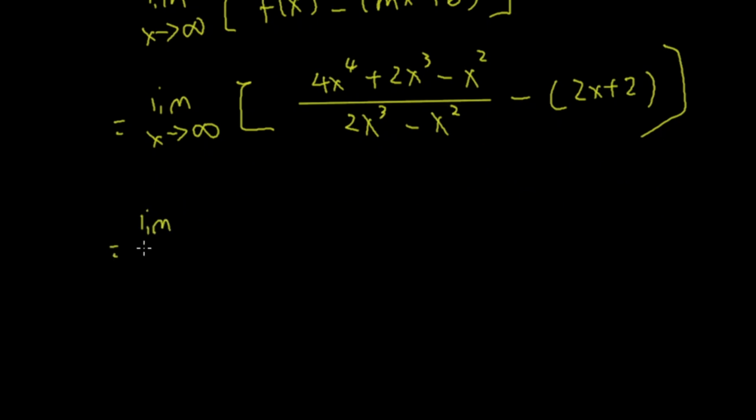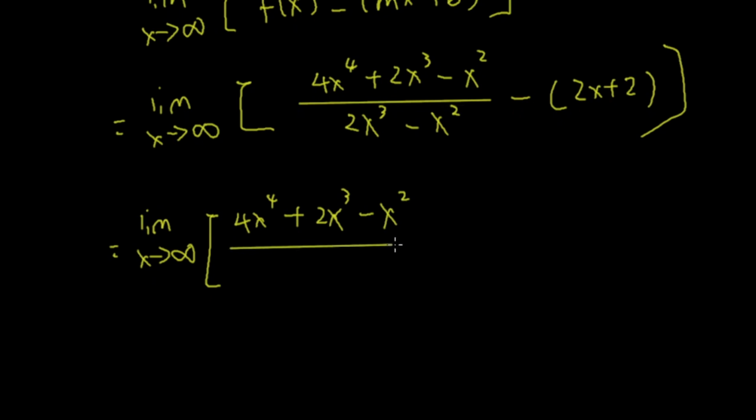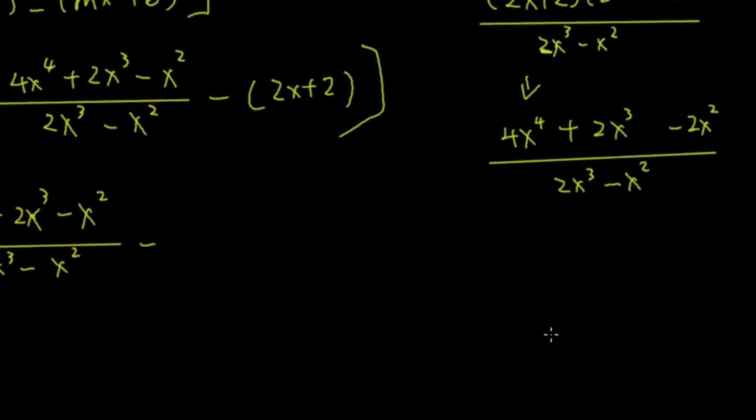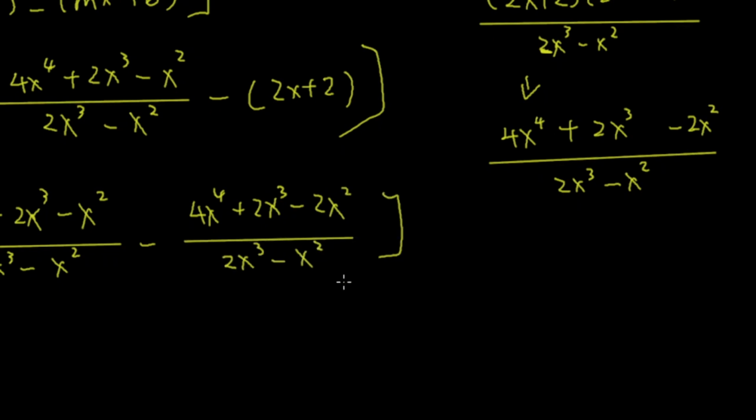Equals the limit as x approaches infinity of 4x to the 4 plus 2x cubed minus x squared divided by 2x cubed minus x squared, minus this one, 4x to the 4th right here, plus 2x cubed minus 2x squared divided by 2x cubed minus x squared, like that.